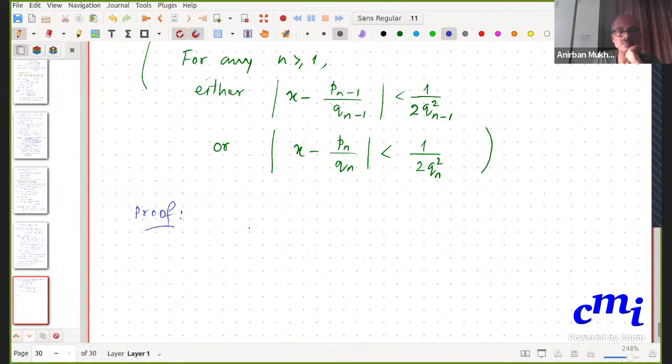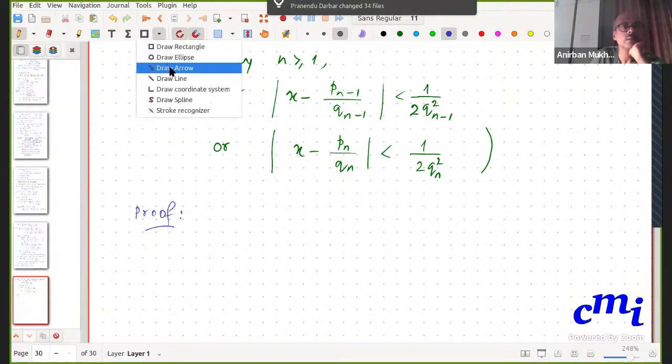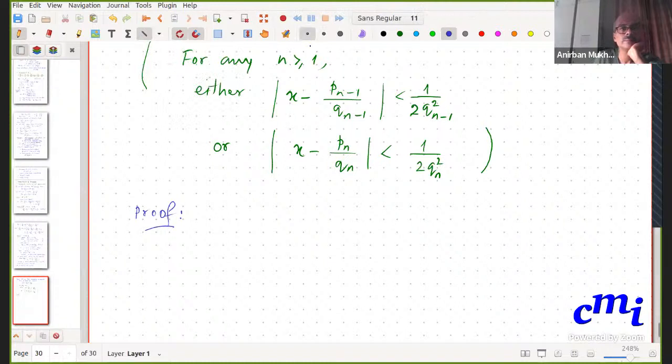So let's just visualize this situation. If we take two convergents, then what happens? If we just draw a line, maybe shorter because we need to draw two such lines. So two situations might happen. Suppose we have x here.